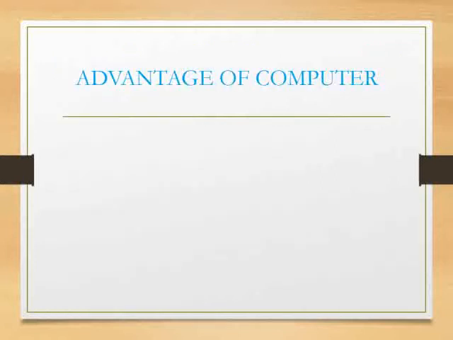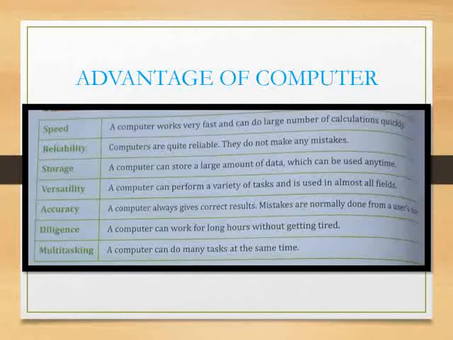So now let's see what are the various advantages of computer. So first of all, its speed. Computer works very fast. It can do many calculations very quickly. The next is reliability.